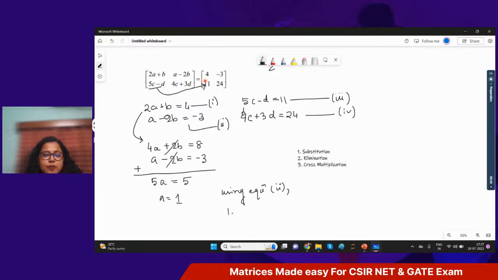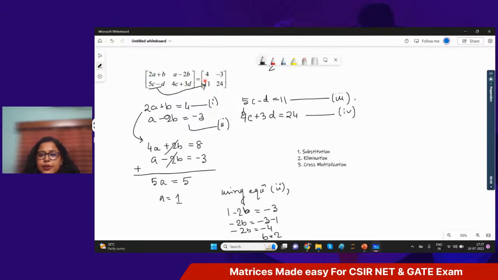So we are getting 1 minus 2b equals minus 3. So minus 2b equals minus 3 minus 1, so minus 2b equals minus 4 and b equals 2. So the value of b we have got is 2.